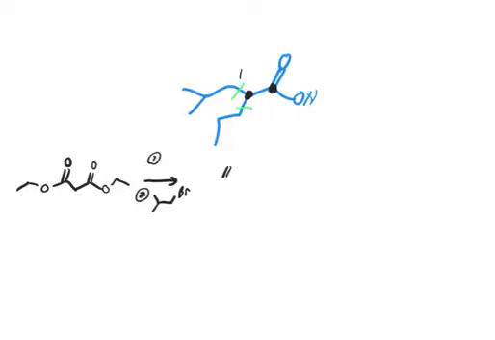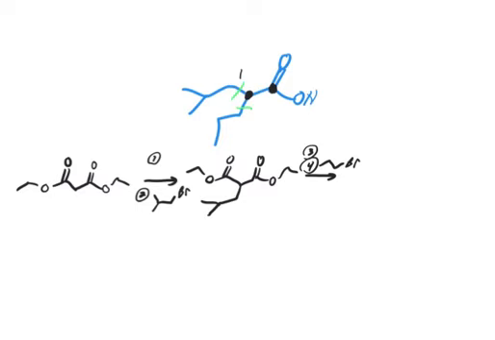What I'm going to wind up with is the initial alkylated product. Then I'm going to deprotonate again in step 3, and then in step 4, I'm going to put in the 3-carbon piece, which will be that.